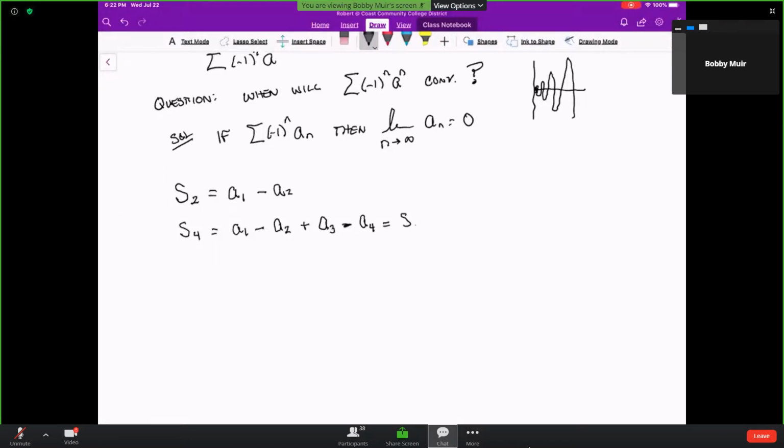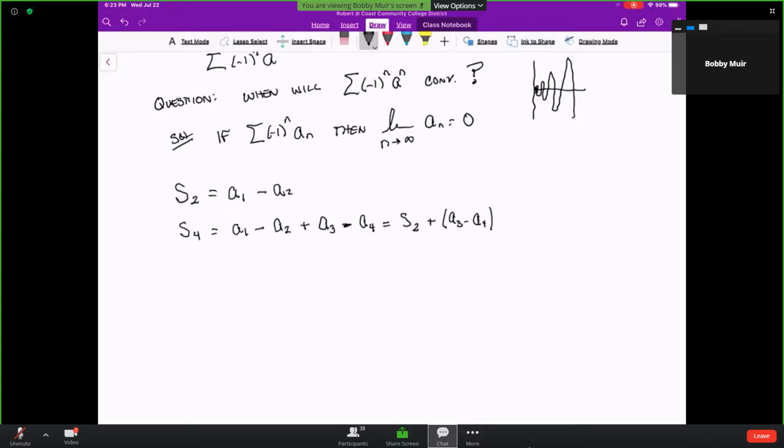well, this is equal to S2 plus A3 minus A4. Now we're going to be creating a sequence of these things. We have some experience with this during a normal semester, when we'd be meeting twice a week, but even if we were in person in the summer, this stuff can be a little rough to digest.